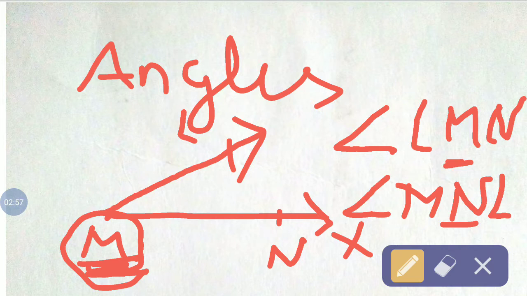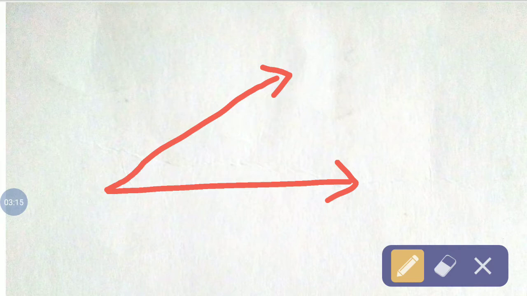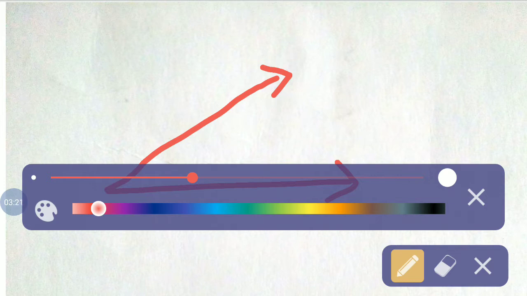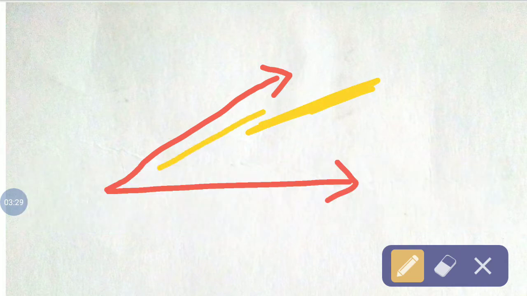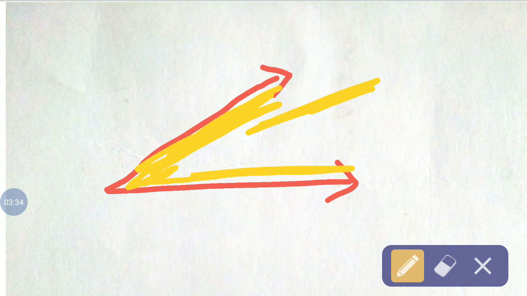Now we have to see about the interior of the angle. Now if I draw an angle using these two rays, then the inner part of these rays is called the interior.